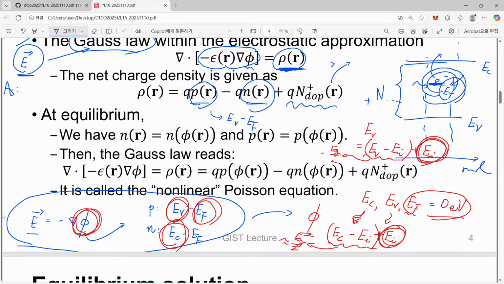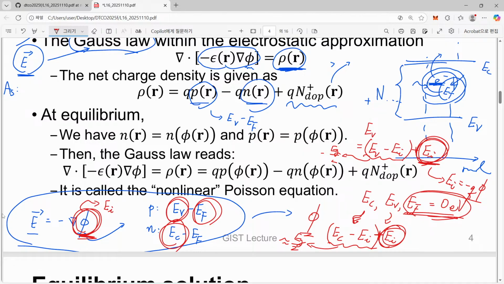So we start from three different energy levels: EC, EV, and EF. However, EF was set to be 0, and EC and EV can be expressed in terms of EI. Finally, we introduce this expression: EI is related to the electrostatic potential by the simple rule EI equals minus Q times electrostatic potential. Simply speaking, we define our electrostatic potential to point out our intrinsic Fermi level.